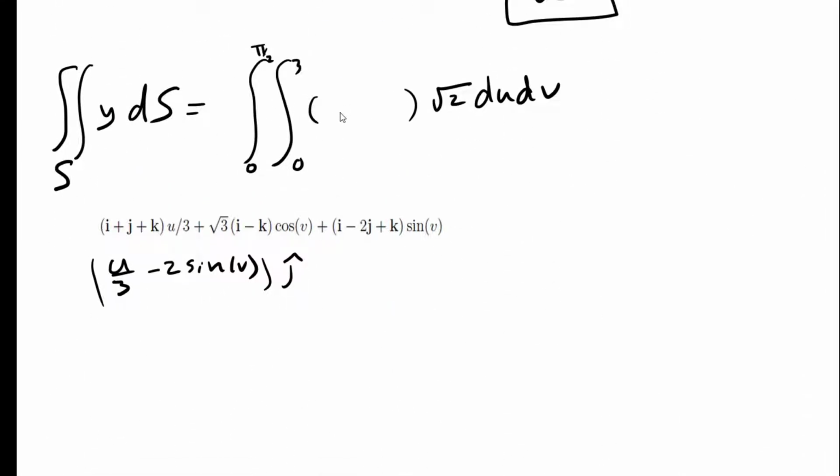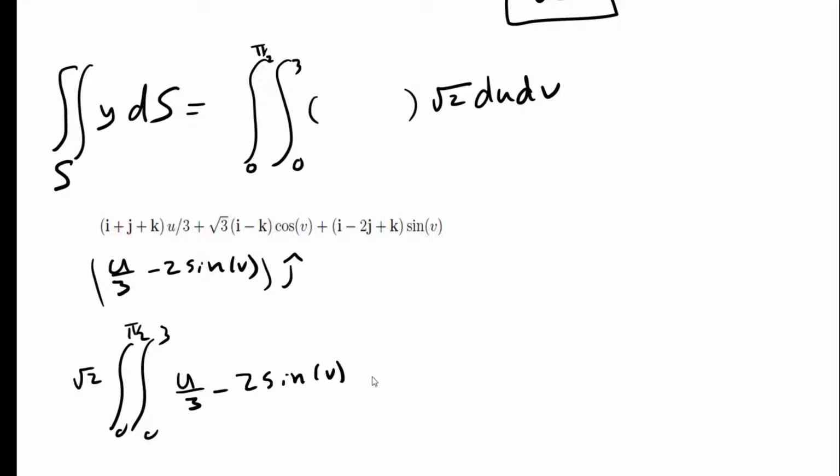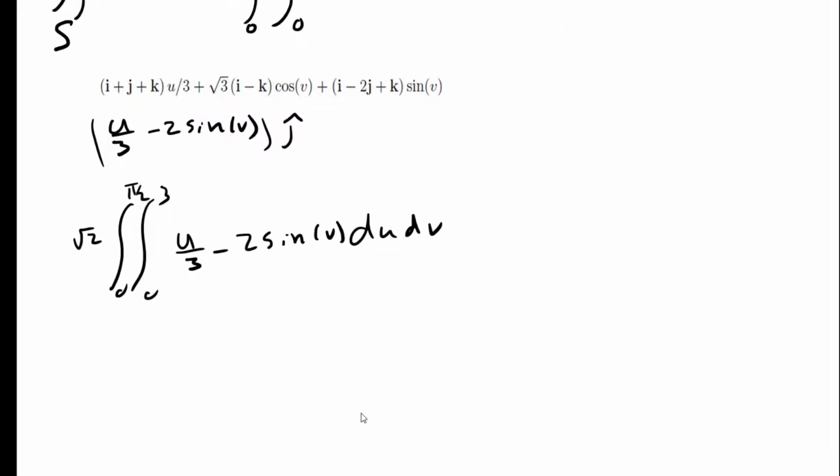So this is what I'm going to put in here. So I'm integrating from 0 to pi over 2, 0 to 3. I can move the root 2 out in front, but I'm integrating u over 3 minus 2 sine v du dv. And I'll just split this up into two integrals.